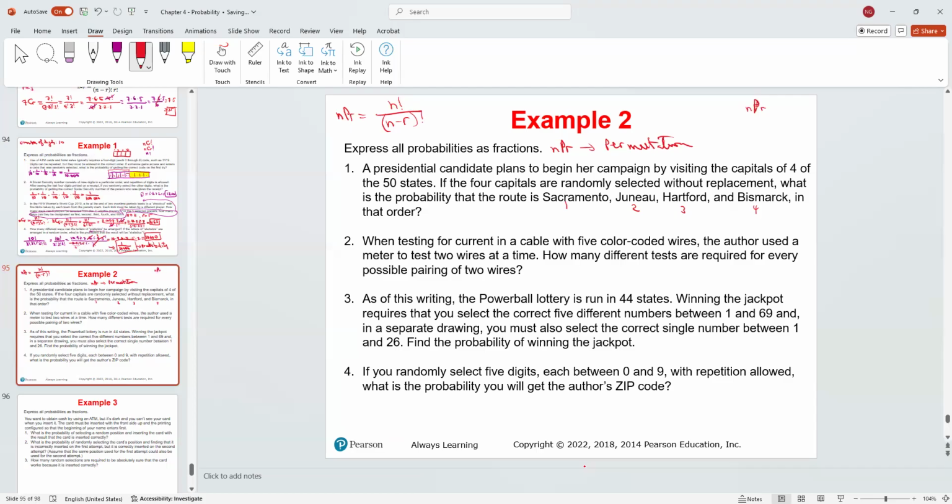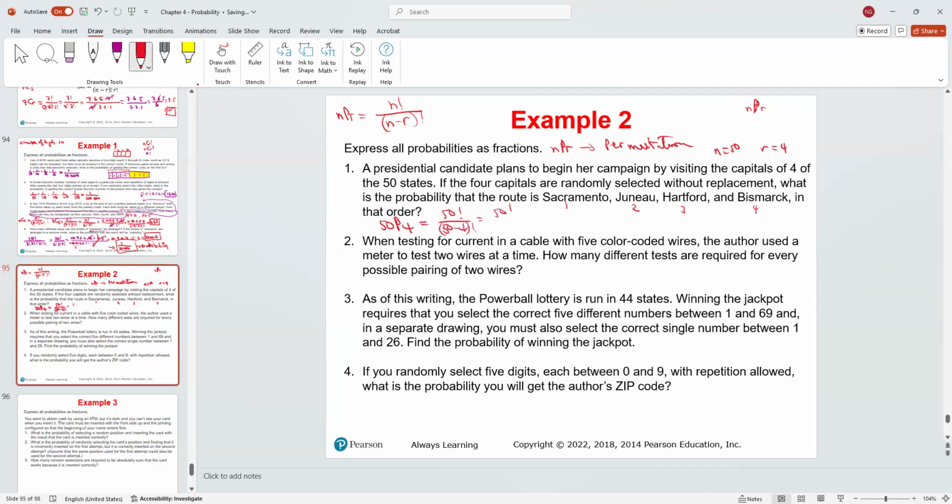It's much easier. You enter the numbers in order because in this case, n is 50 and r is 4. So we do 50P4, that means 50 factorial over 50 minus 4 factorial.